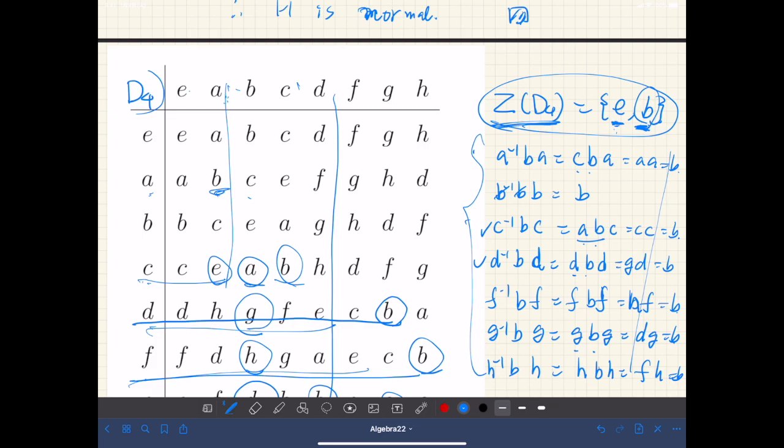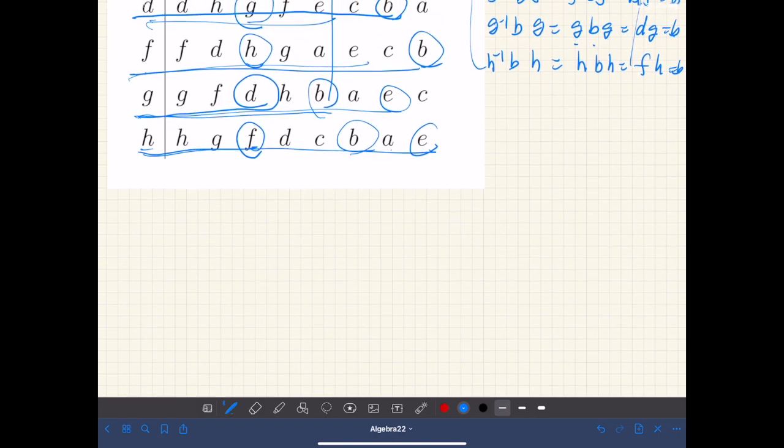And for this dihedral group of order 8, D4, there are other subgroups of order 2, but these are not normal. For example, we have subgroup ED, as we have seen before.